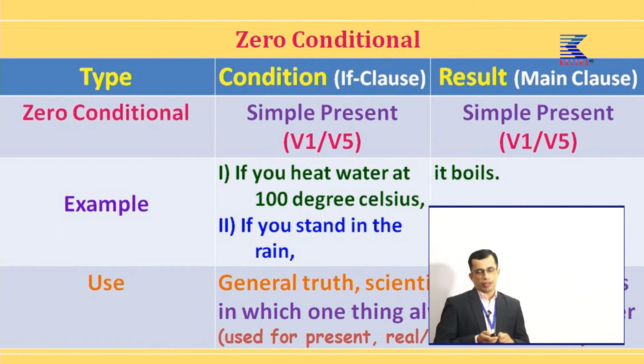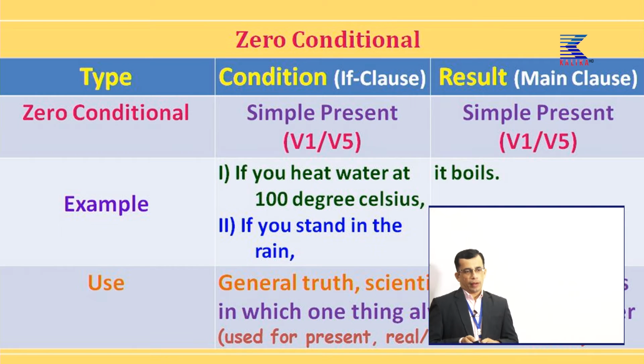This is zero conditional, or the zero type, let us say. So, what is the structure? What condition is there? In the if clause, you should use simple present tense, first form of verb or the fifth form of verb, and in the main clause, in the consequence part, in the result part, the tense is the same, no simple future, because this is zero conditional.